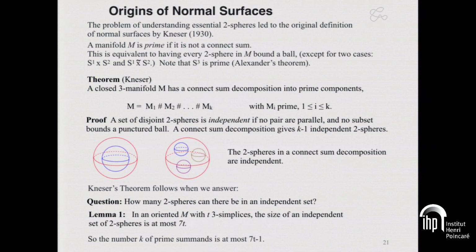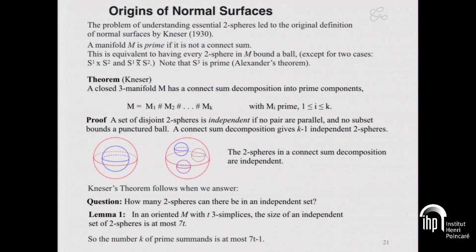Anyway, let's suppose we have such a collection of 2-spheres. And we can ask, how big can that collection be? Kneser showed that the number is at most 7t minus 1. So if we triangulate the 3-manifold with t tetrahedra, then the largest number of 2-spheres we could possibly have is 7t minus 1. Now, Kneser's original argument was a little more complicated than the one I'm going to give you, because he used some homology and so on.